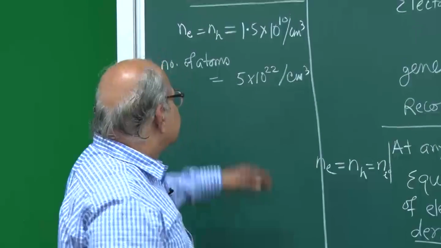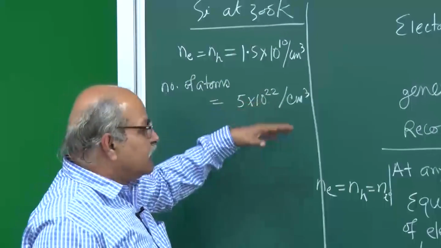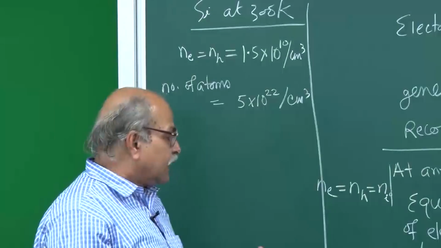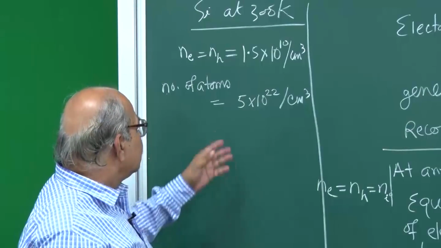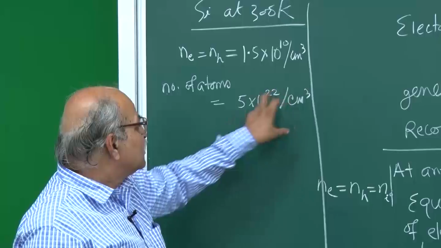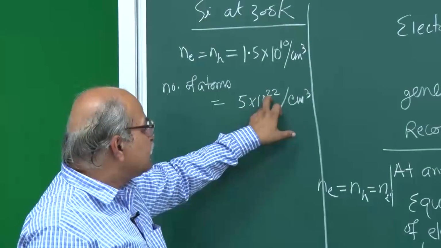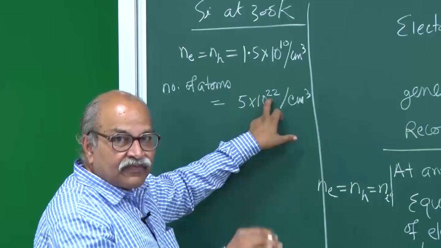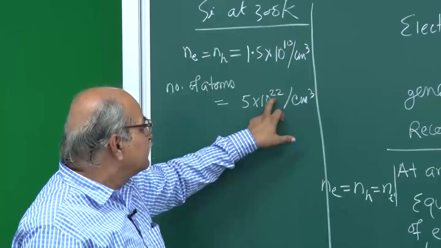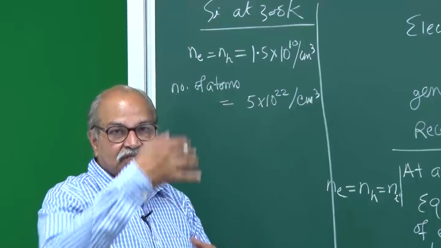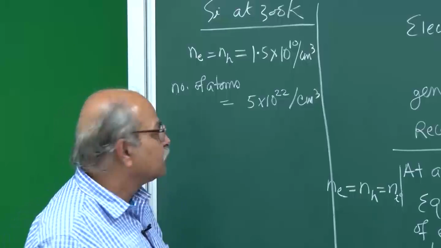So you can see the ratio: in any silicon crystal, per centimeter cube you have 5 into 10 to the power 22 atoms, and each atom has all those 4 bonds.